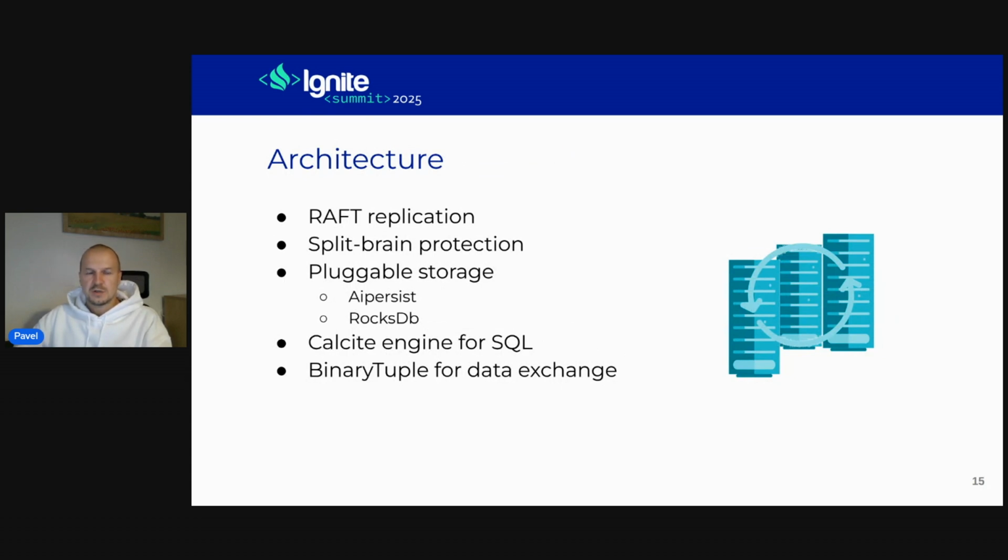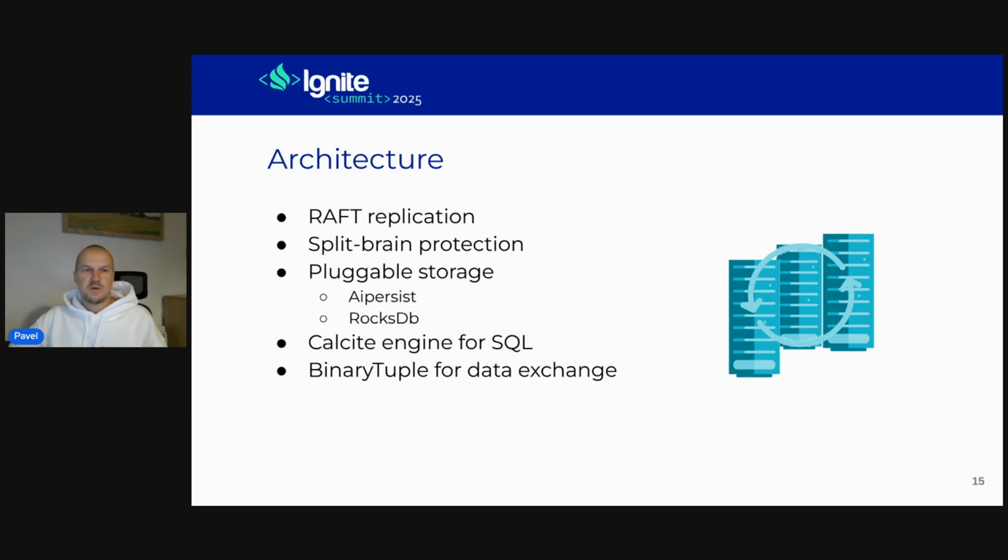Internally, key architectural changes include a Raft protocol for replication instead of a custom solution in previous Ignite versions. Raft is an industry standard consensus algorithm. It's proven and trusted. It provides split brain protection thanks to the leader election and majority vote logic. And then we have pluggable storage, which means you can choose the storage engine which suits your workloads better.